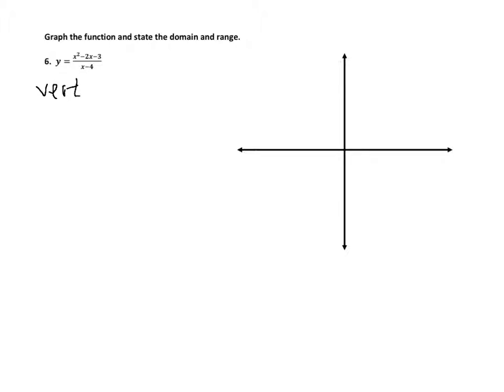The vertical. So step 1 is to draw the asymptotes. Step 2, if possible, you plot points to the left and right of the vertical. And then step 3, look at the calculator to double check. X minus 4 equals 0, so x equals 4.